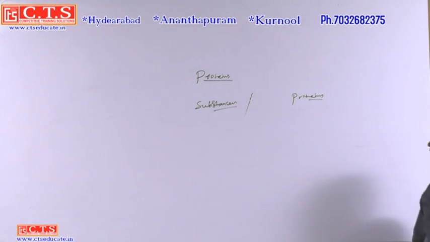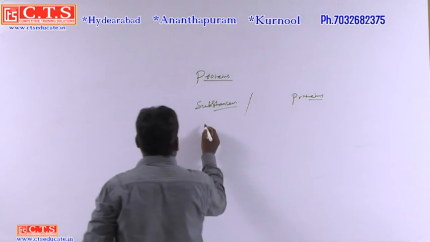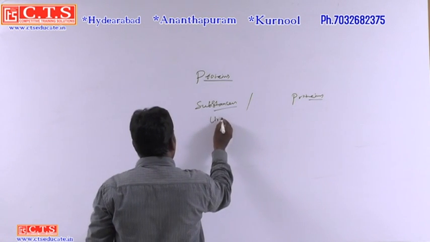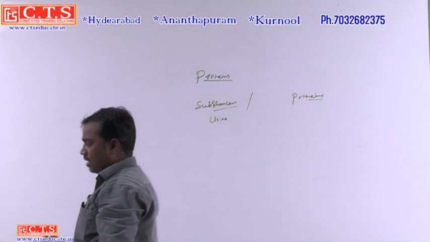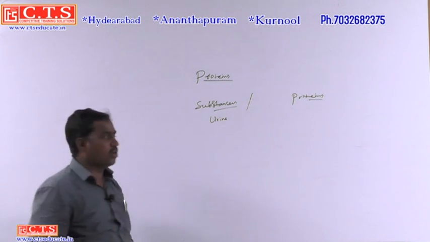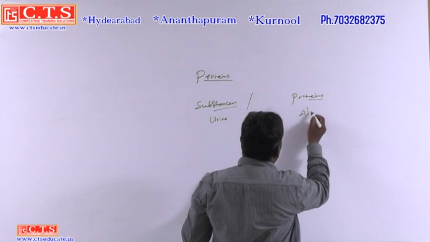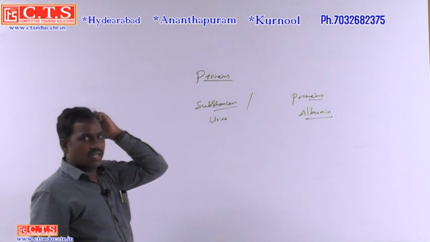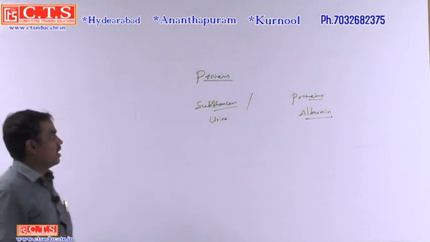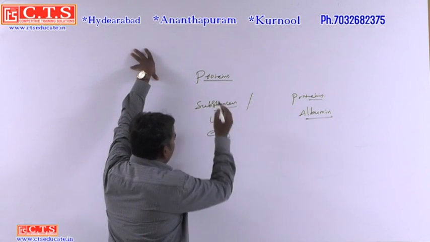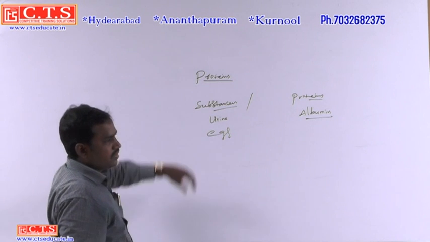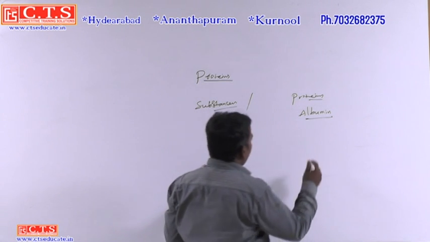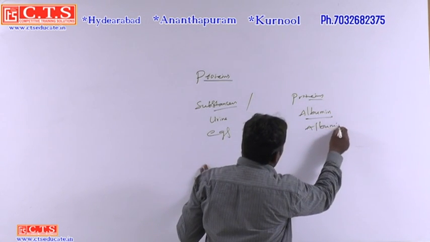Number one, the substance is urine, and the protein is albumin. The substance is egg, and the name of the protein is albumin.